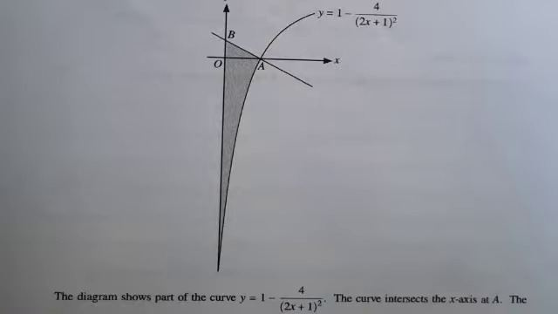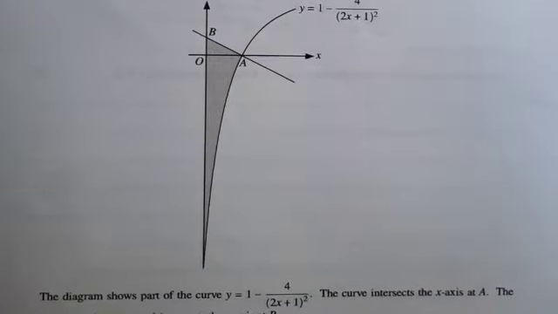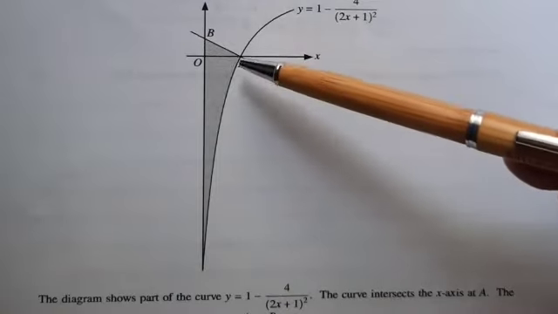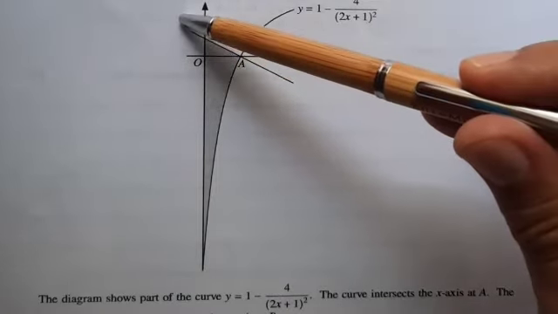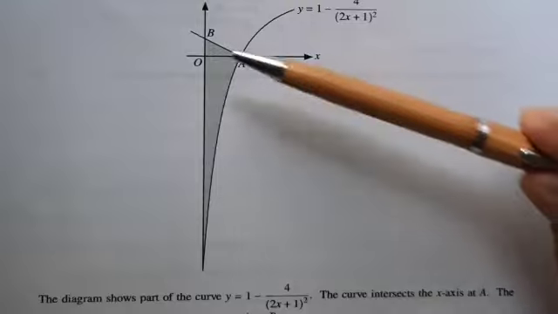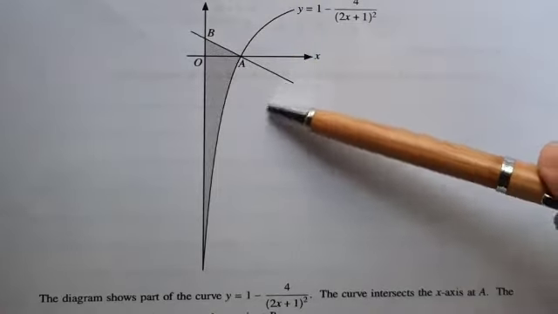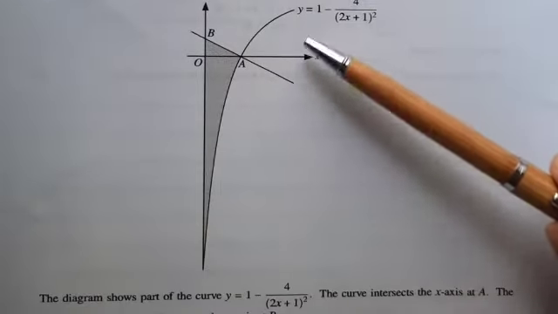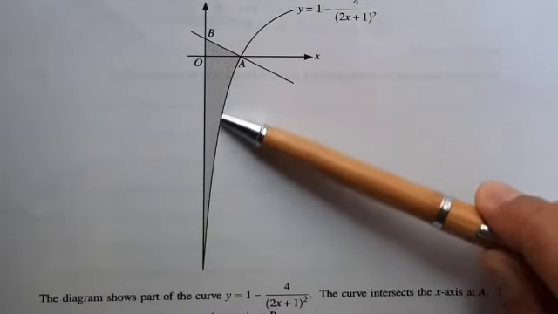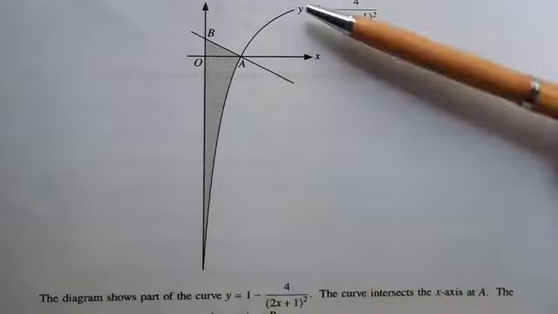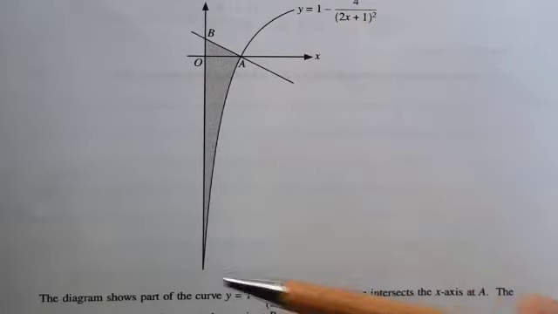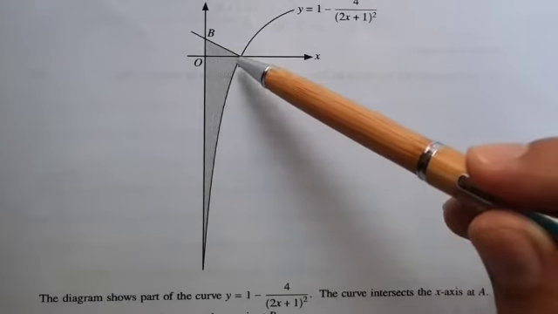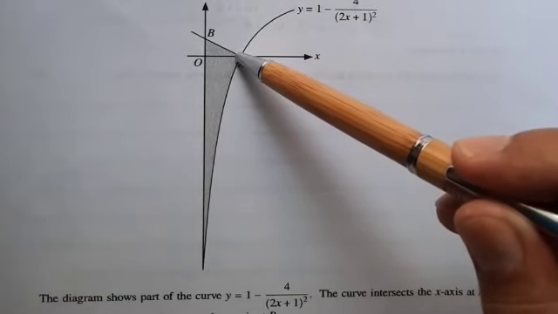It will be the area under this line minus the area under this curve, for x from 0 until half, because the x of A is half.